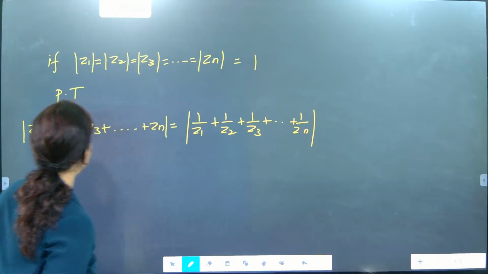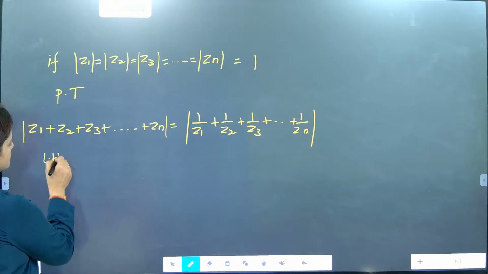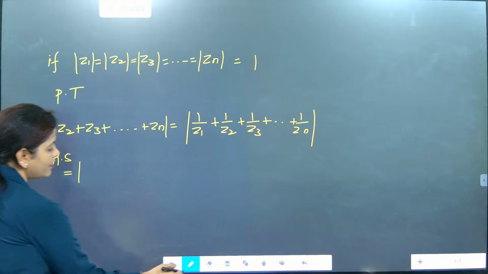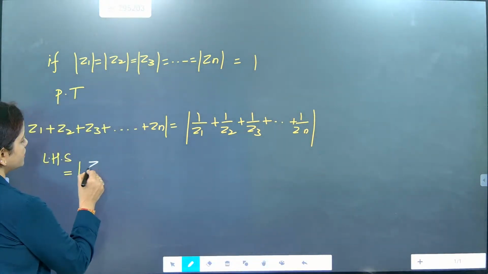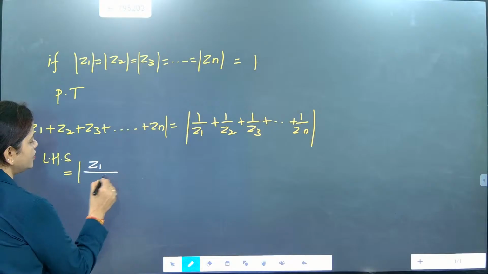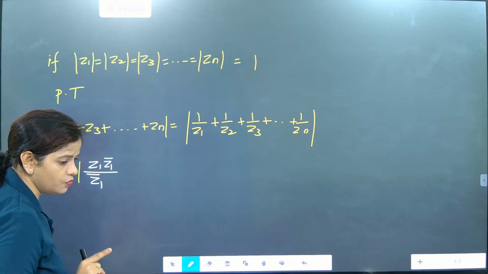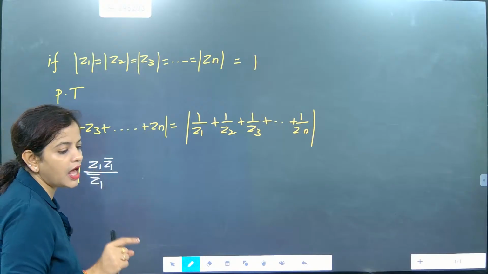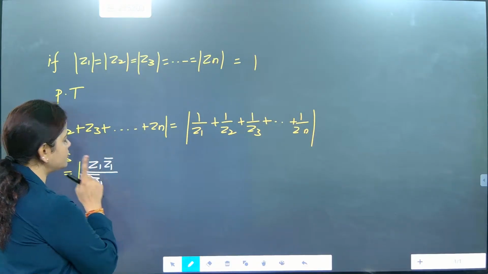Okay. Now look here, beta. First simple work is we will take the LHS. In the LHS section, one by one you start doing the work. Here Z1 is there. What I will do, I will multiply Z1 with Z1 bar. So in numerator and denominator, both parts of the first complex number, I multiplied the conjugate of itself, meaning the conjugate of Z1.